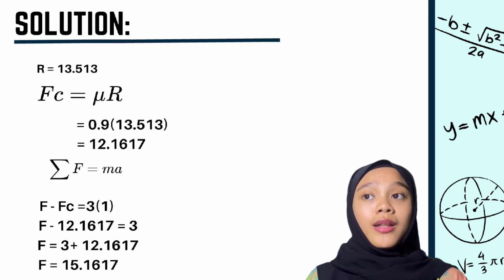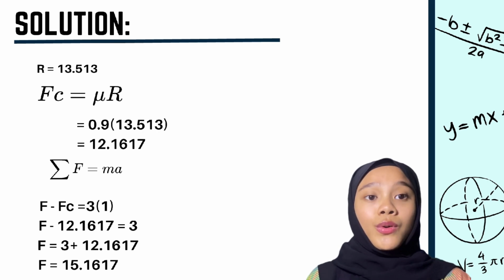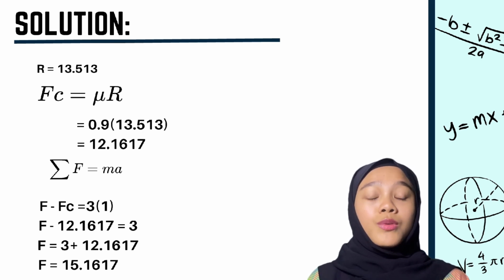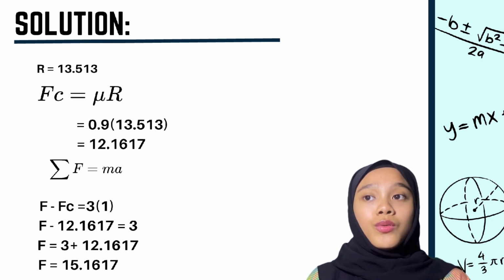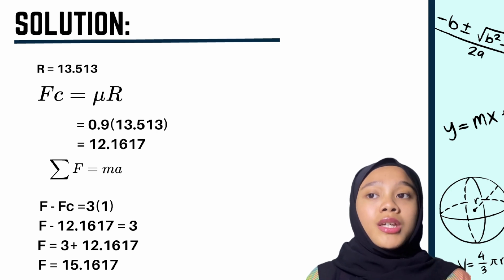We know that R is 13.513. So to get the frictional force, we use the friction force formula, which is Fc equals mu multiplied by R. As given in the problem statement, the coefficient of friction is 0.9 and we multiply it by R, which is 13.513.